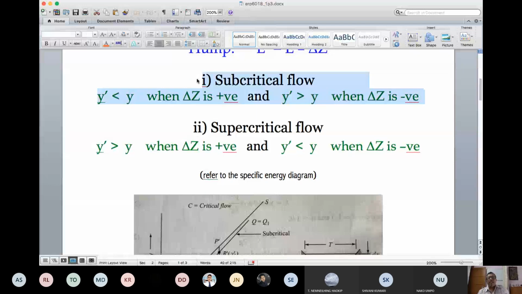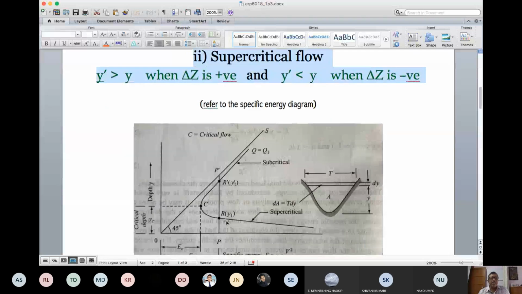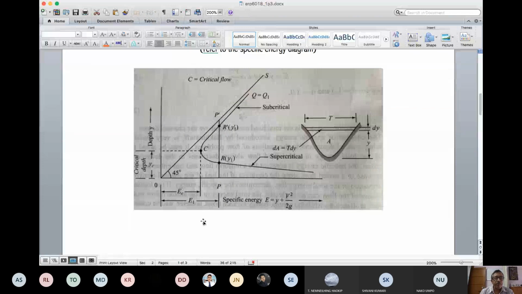But then what happens when it is reaching the maximum, or we can say delta z maximum?